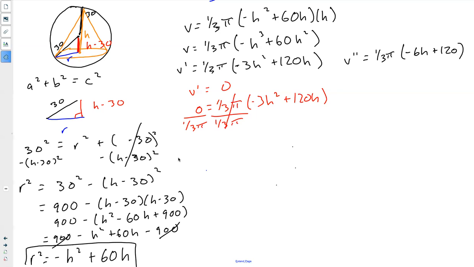Those cancel. And 0 divided by 1/3 pi is 0. So 0 is equal to negative 3h squared plus 120h. Can factor out an h: h times negative 3h plus 120.